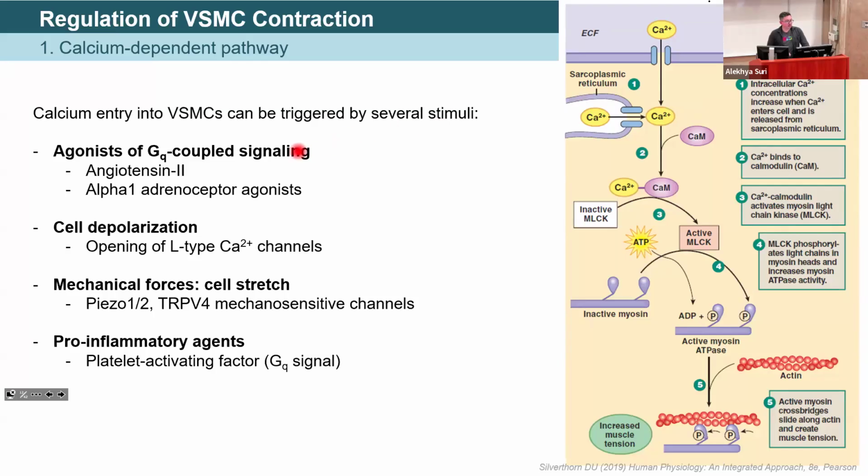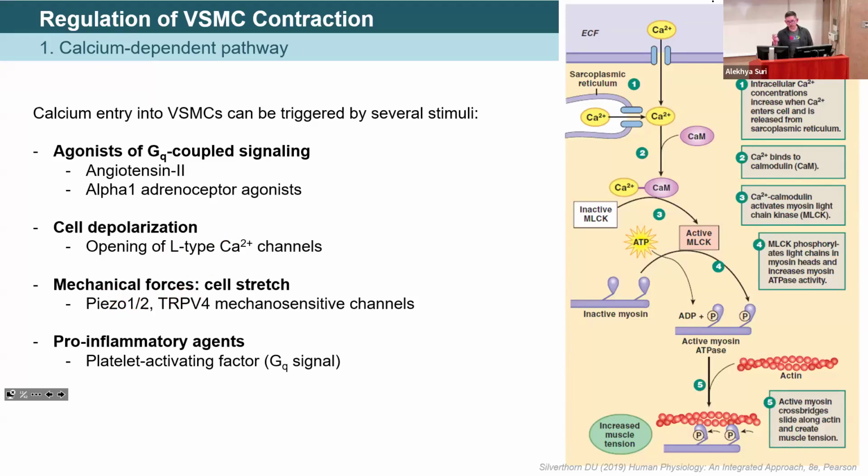Now, this increase in intracellular calcium can be, as I mentioned before, elicited by binding of a GQ-coupled receptor, right? And this is the case of norepinephrine that binds to alpha-1 receptors. Angiotensin 2 does the same. Anything that leads to the depolarization of the cell and thus triggers the opening of L-type calcium channels. In some situations, stretch will lead to the opening of mechanosensitive channels, such as PIEZO1 and TRPV4.